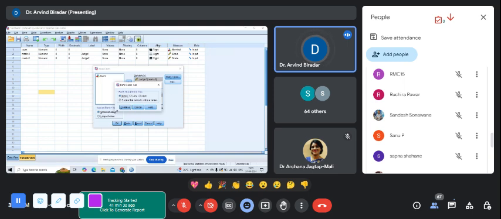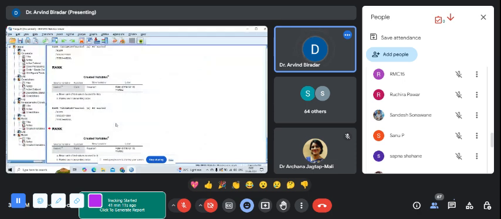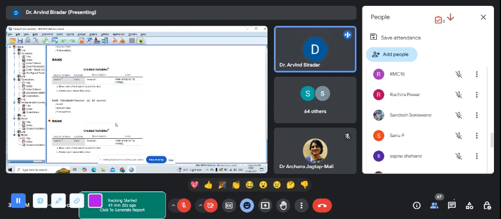Not necessary, all defaults you consider. Display the sample table and all these things. And the new variable is this one: rank of marks 1 by mark 2 label.